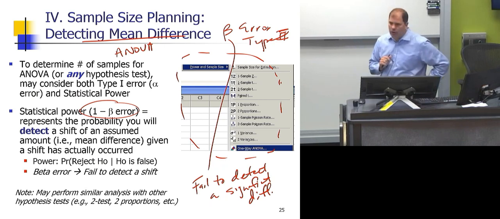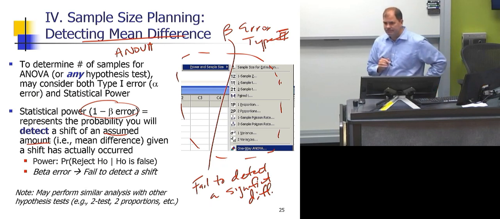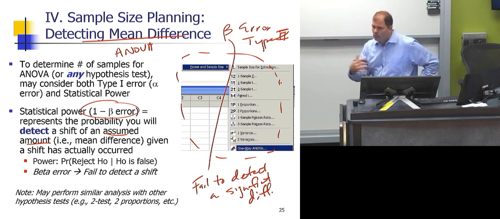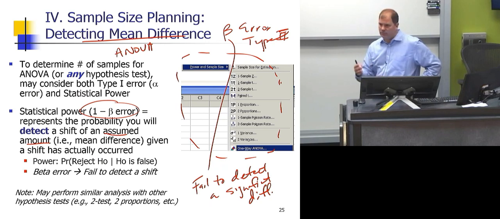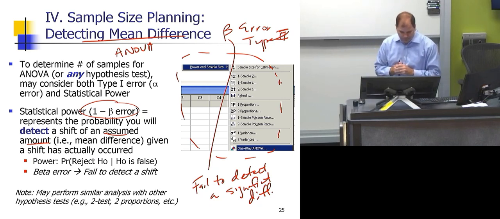All right, when you do power, you have to assume some amount that you're trying to detect. People say, what's the power of the experiment? You'd say, well, you've got to tell me what it is that you're trying to detect, because power of an experiment is going to change based on the amount of difference you're trying to detect. Are you trying to detect a change of 5%, a change of 50%? Depending on the answer to that question, your power is going to change.